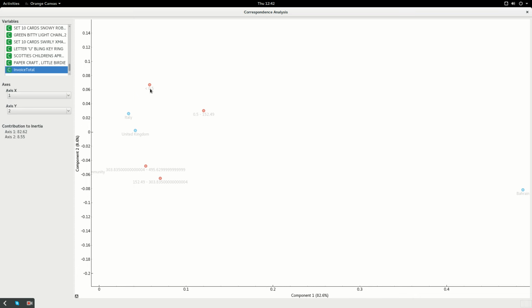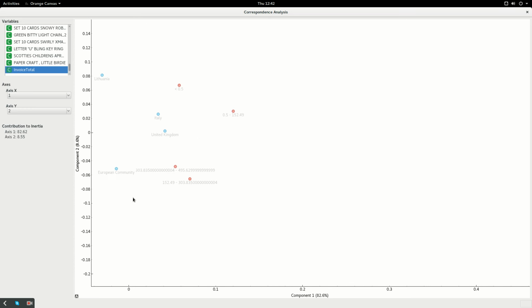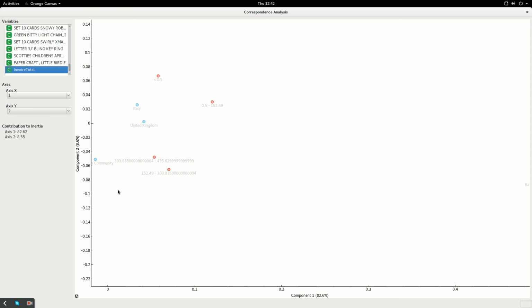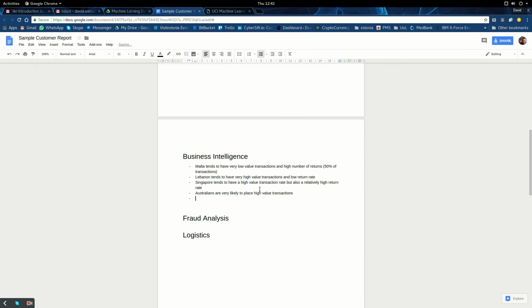You can see that we said that there was 25% here, 25% there, 25% there, and 25% there, while the rest of the countries have at least some pull towards 495, not Bahrain. So basically we can say that Bahrain tends to make no high value transactions. That would be another point in our business report, and people would need to see why. Bahrain makes no large value transactions.